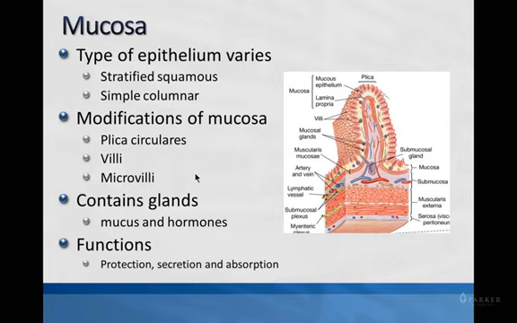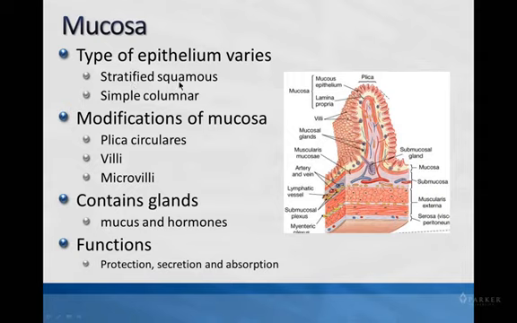Now mucosa can contain glands, and the glands can release things like mucus, and we'll be looking at the function of mucus a little bit later, but it does release mucus, and even some hormones can be released from some of the mucosal glands. So the overall functions of mucosa: protection.